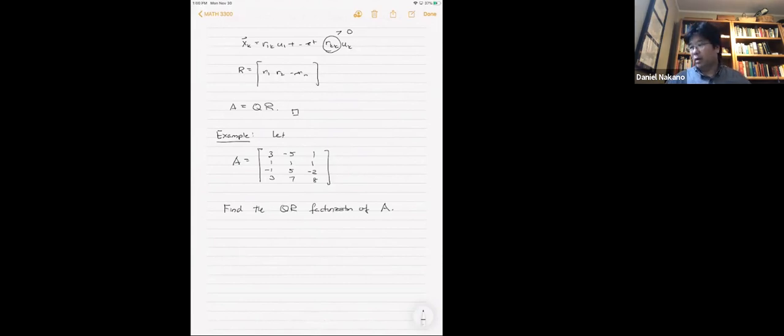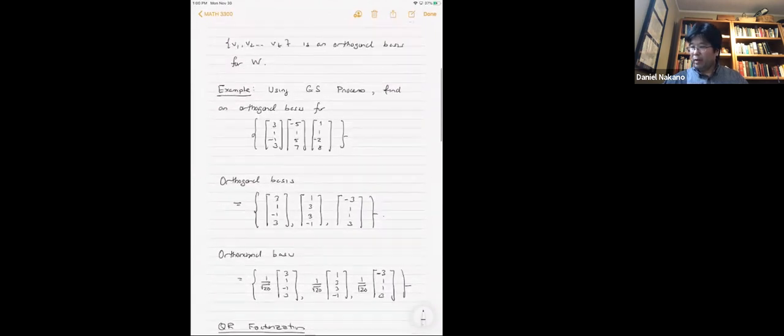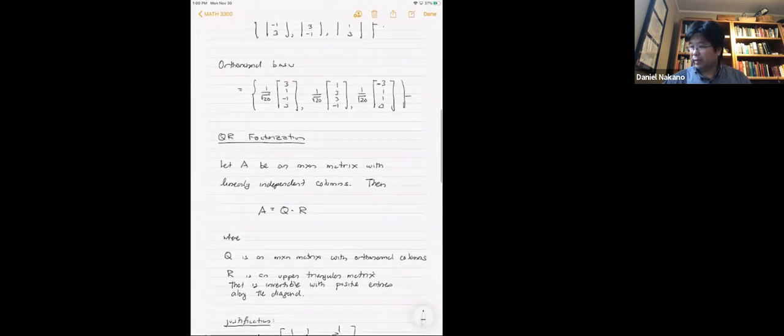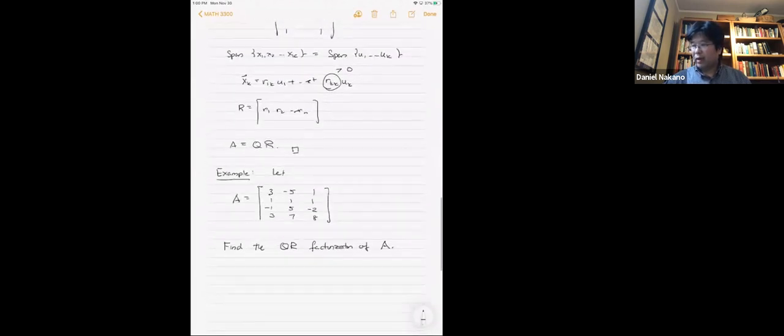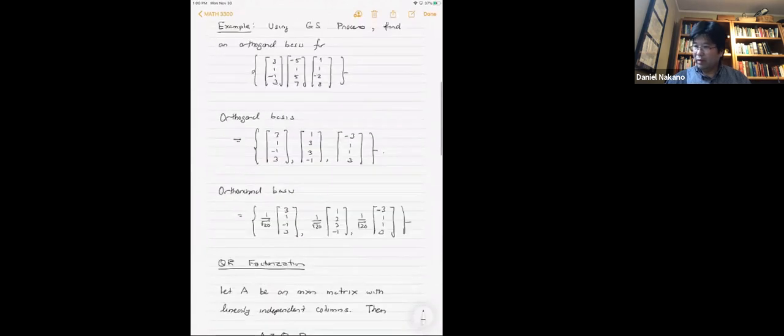Now let's look back at the example here. Notice that back in the example, we have a basis, and this is exactly the columns of A. So the columns of A correspond to the vectors over here. Now to find Q, what should we use?